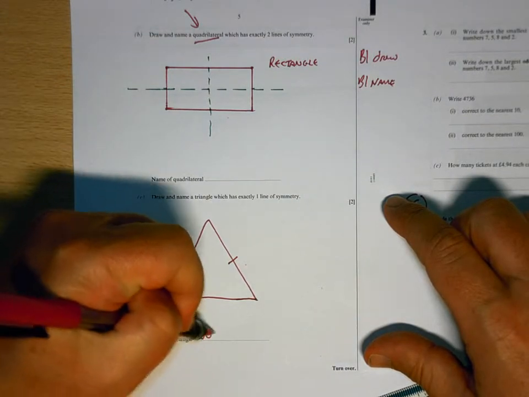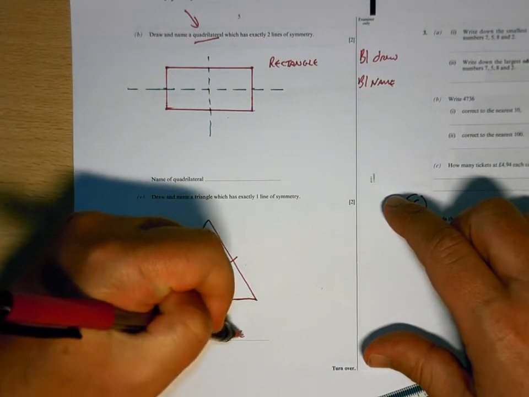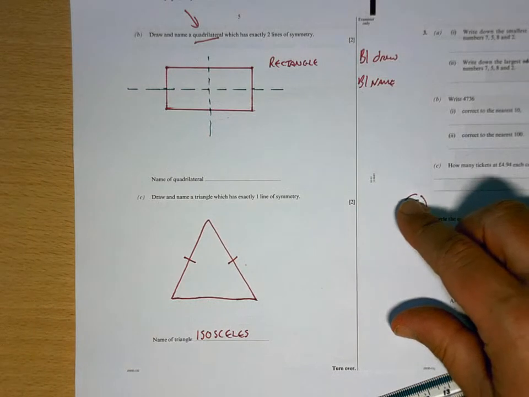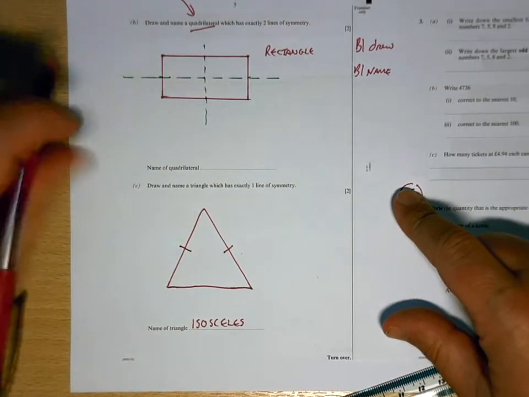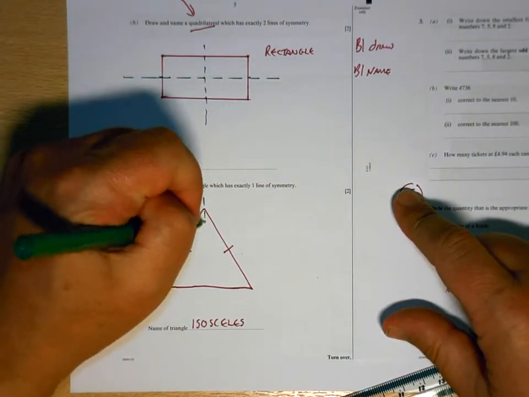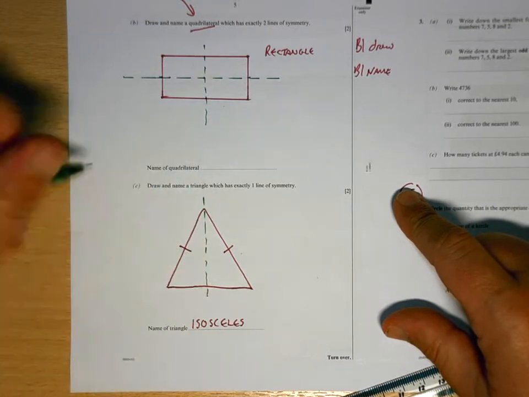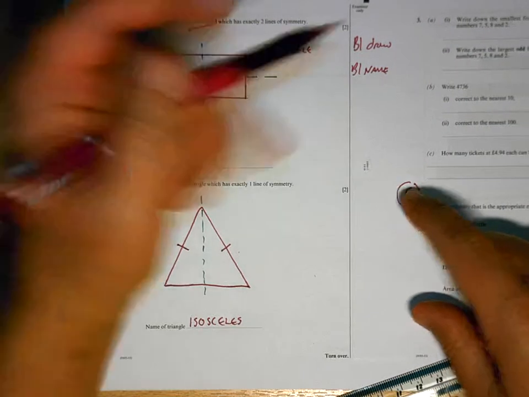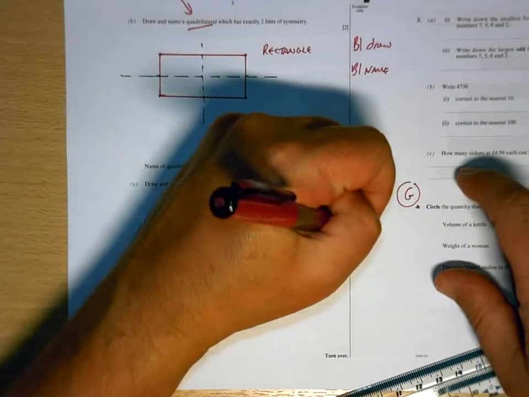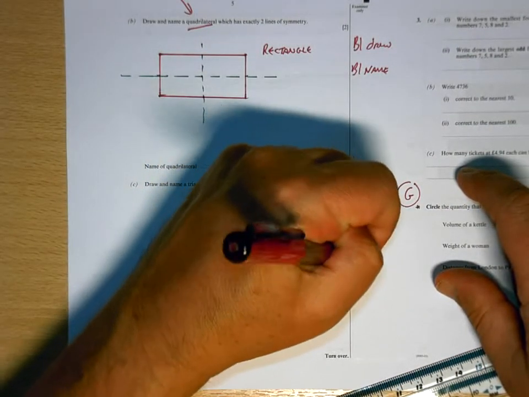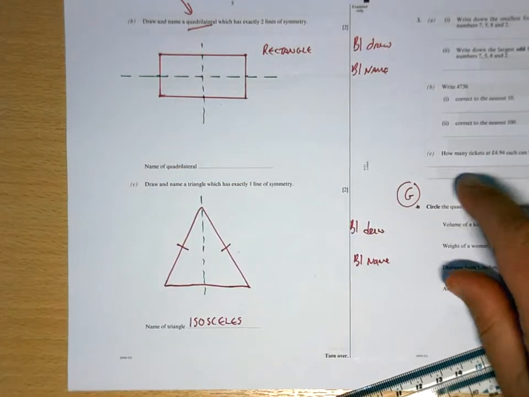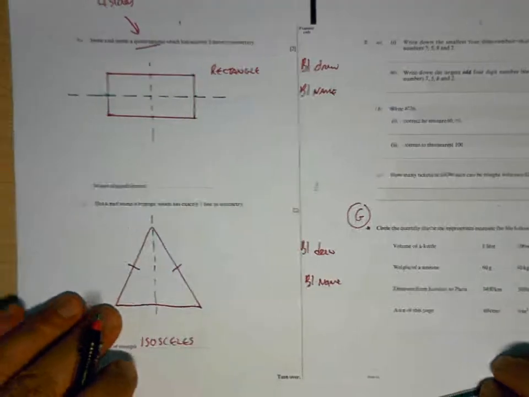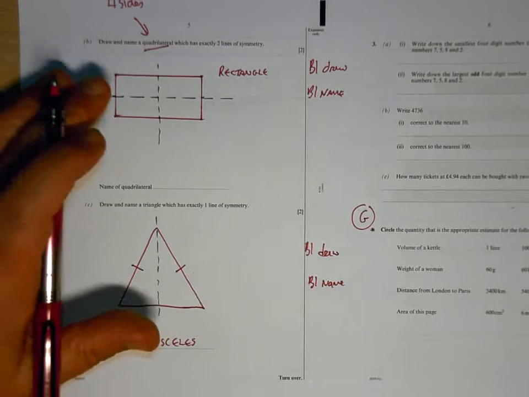So that's how you spell isosceles. And the line of symmetry through that would be splitting the 2 equal sides. So you'd have 1 mark for the drawing, 1 mark for the name. It's all knowledge, you just need to know that information.